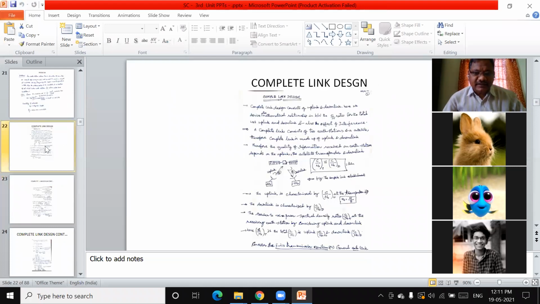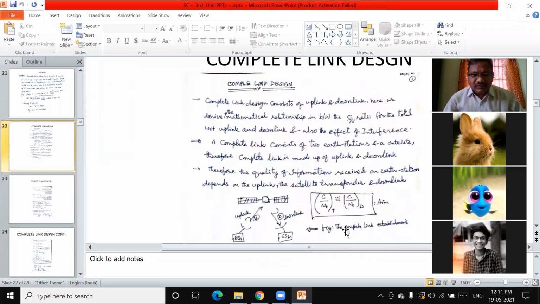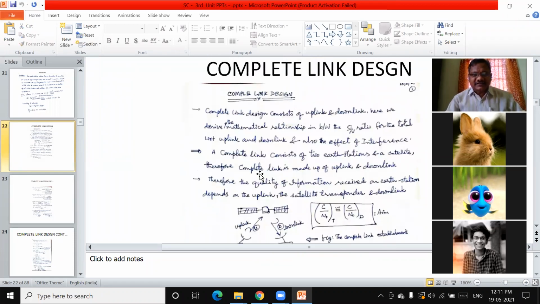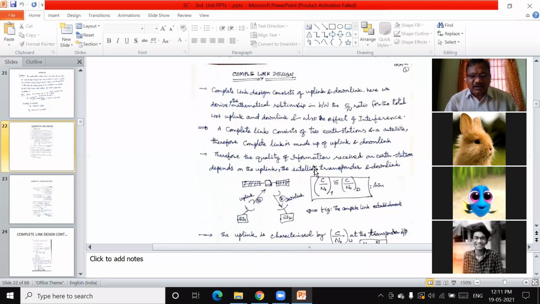Are you able to see? Are you able to see this screen? This is the complete link design. This is what we are going to see now. So please tell me, any one of you, is it visible? My screen is visible to you all. Is it right?